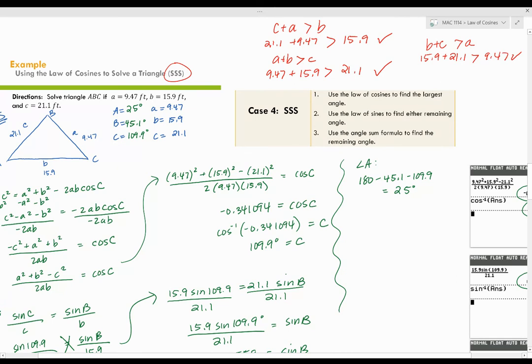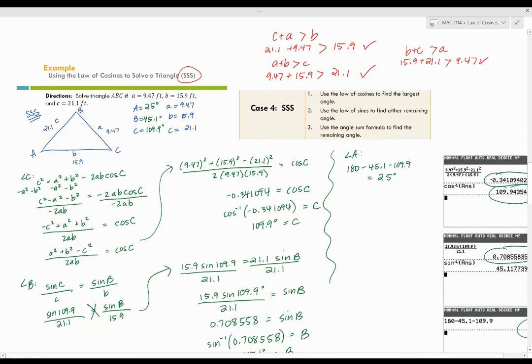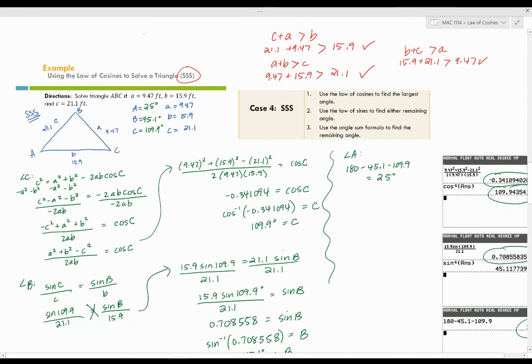So this would have passed. But remember, anytime you've been given a side, side, side triangle, you need to check the triangle length restriction. Had this triangle failed that initial part, we could have said no triangle before we did any of the work. So just make sure you always try that anytime you've been given a side, side, side triangle. Okay, awesome.